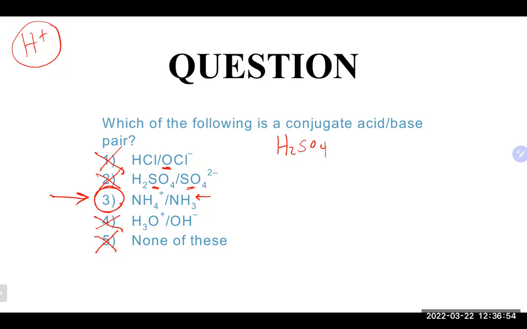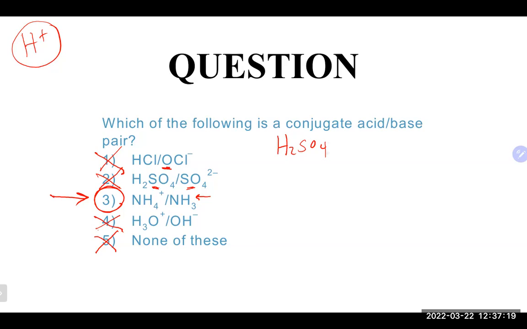Although we oftentimes learn in Chem 50, the class before this one, that we lose 2 hydrogens and that they both just pop off all at once, they actually don't. Hydrogens, when they come off of acids, actually come off one at a time.